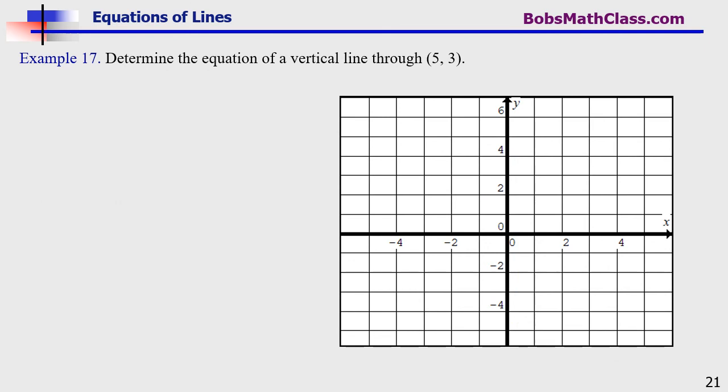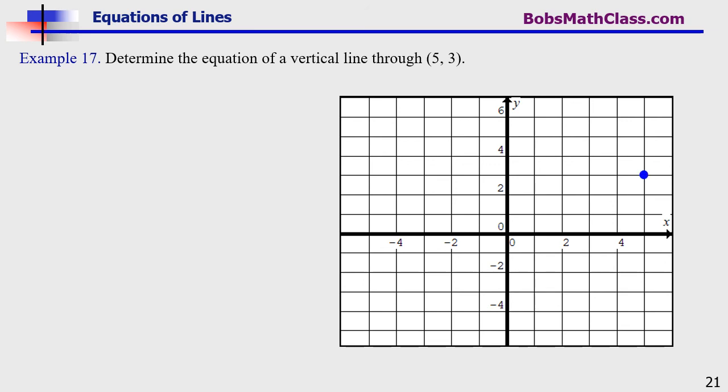Determine the equation of a vertical line through 5, 3. Now you don't have to graph it. It doesn't say to graph, but sometimes a graph helps. So let's plot that point. 5, 3. So go over 5 from the origin and then 3 up.